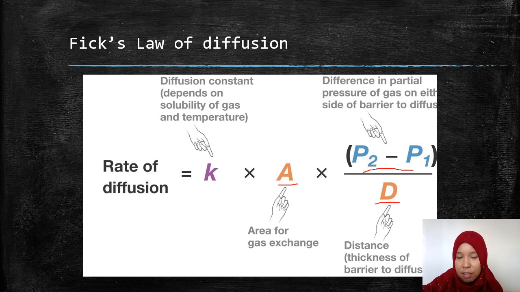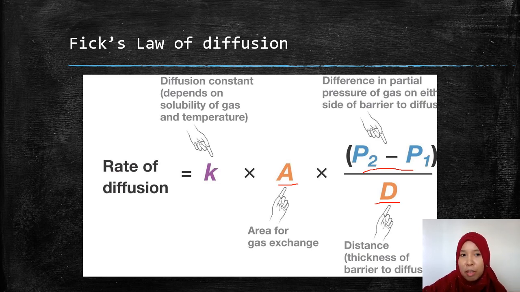So when we talk about the area for gas exchange in your lung, if you imagine we take each alveolus and flatten them all out, you have a large surface area, and this is very, very efficient in respiration, and so your lung has that. We all have that, right? And then partial pressure difference, right?